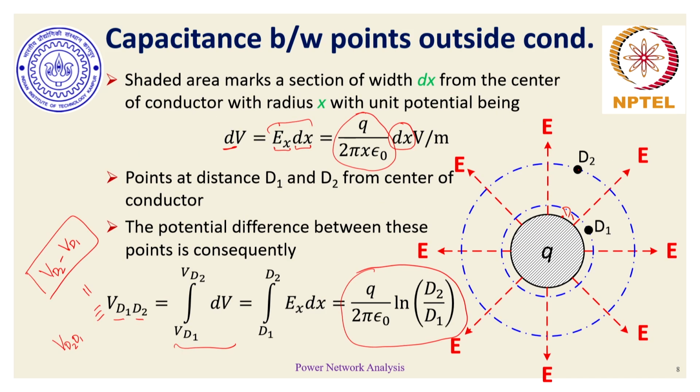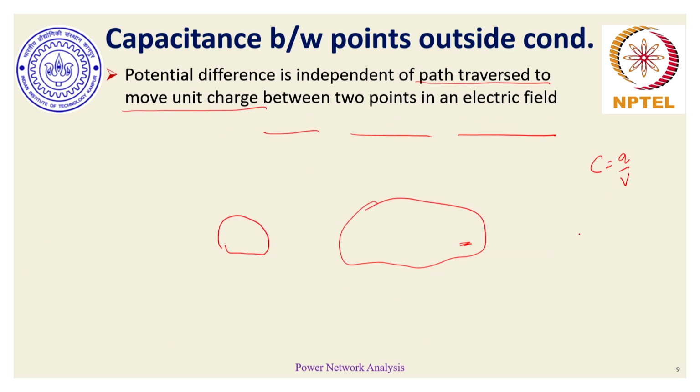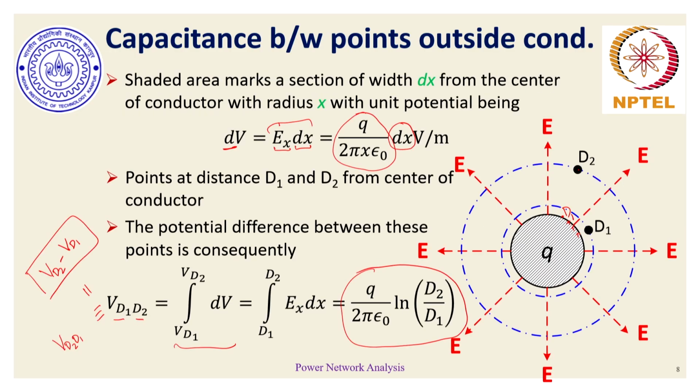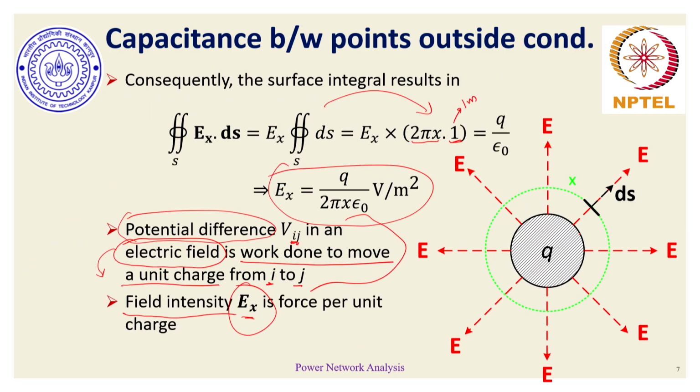So if the charges do not exist inside the conductor, and they have to be present on the surface, if I have to find the potential inside the conductor, then as per Gauss's law, which says that the net electric flux emanating out of a particular surface is proportional to the charge present inside that surface.